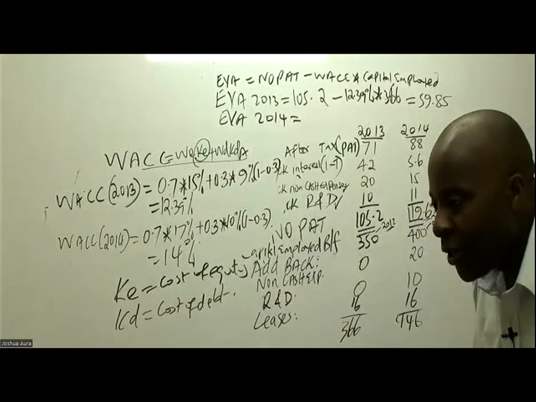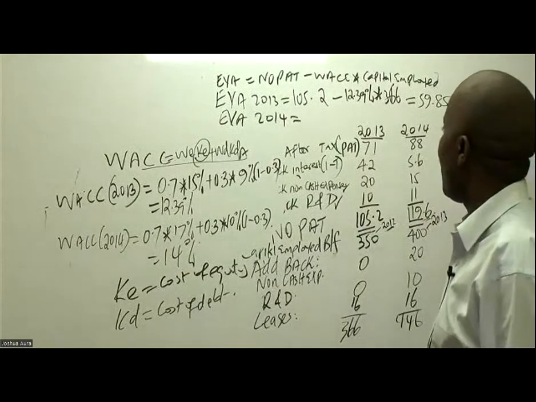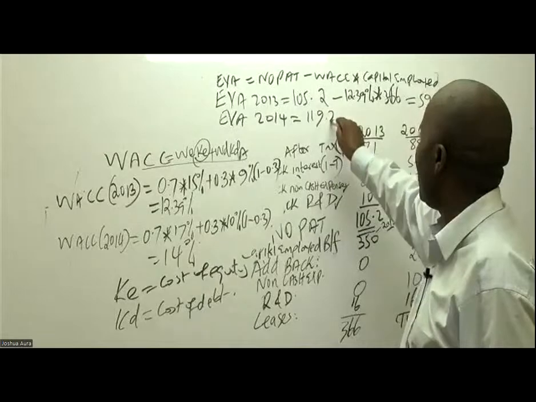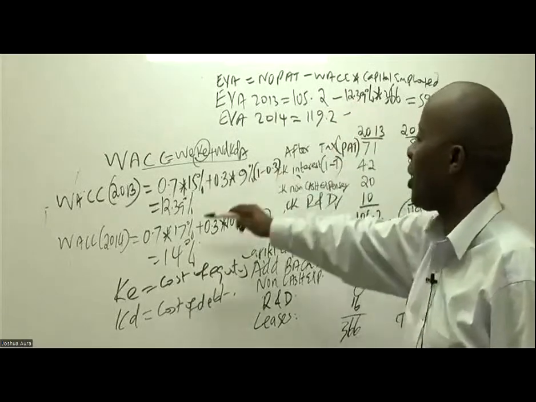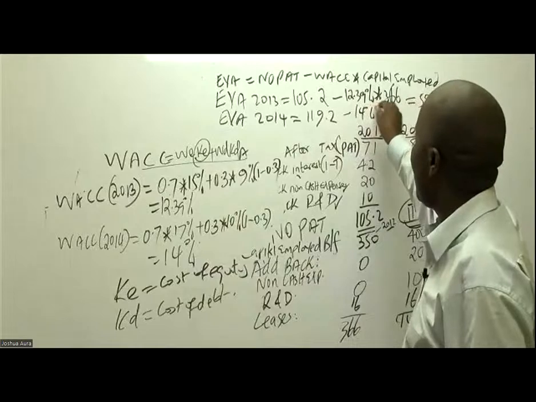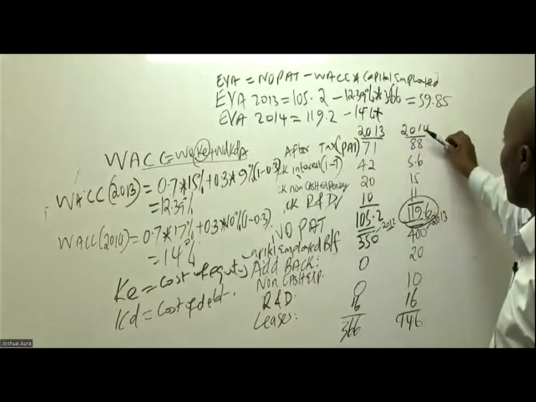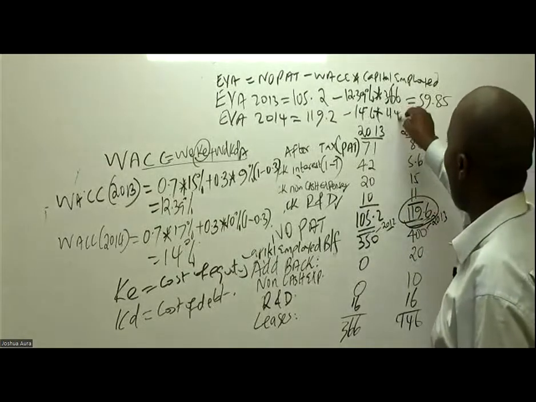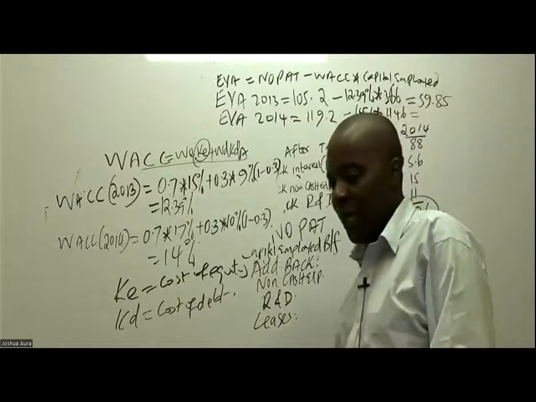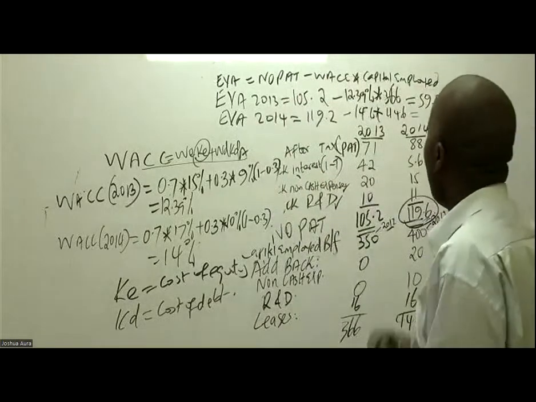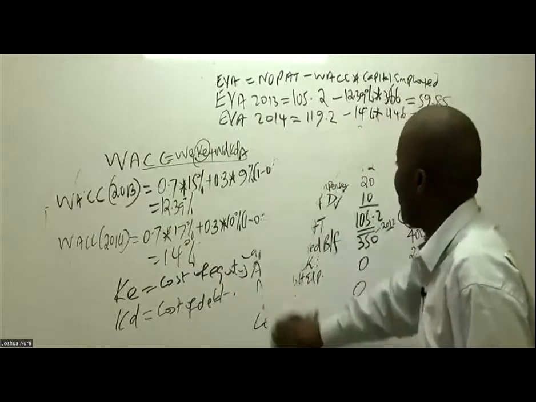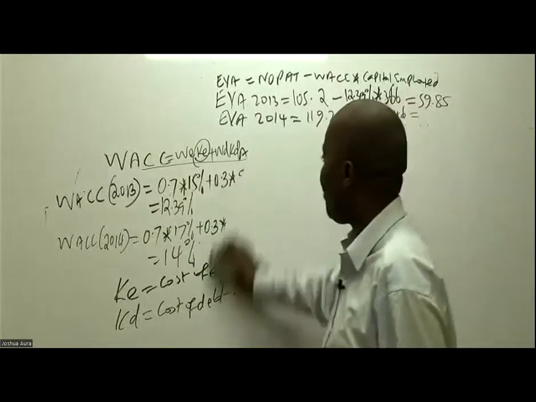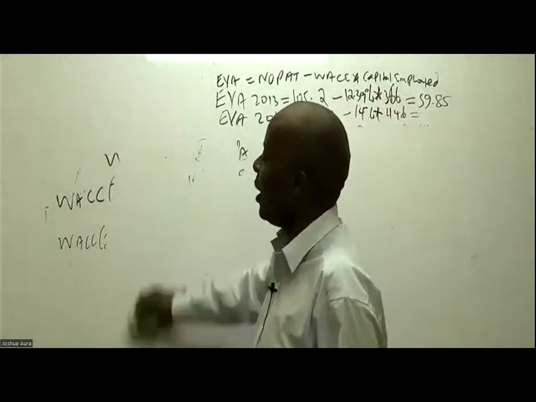For the year 2014, the NOPAT is 119.2 minus the WACC for 2014, which is 14%, multiplied by the capital employed in 2014, which is 446.